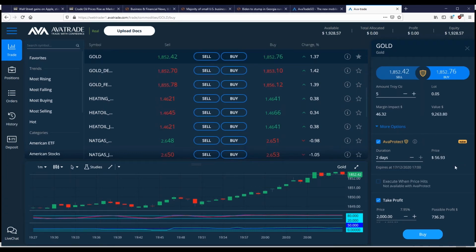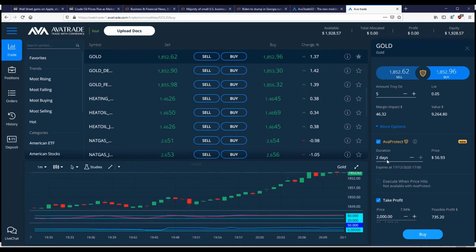Okay, so if you expect huge movement, the U.S. might sign a stimulus deal. Maybe you expect gold to go flying up because the USD will weaken maybe with a stimulus deal. So maybe you say, okay, it's worth $56. I'll give 2 days protection. Maybe you expect that by then the deal will be done for stimulus, and you say, wow, if it goes flying the wrong way, I'm only risking 56.